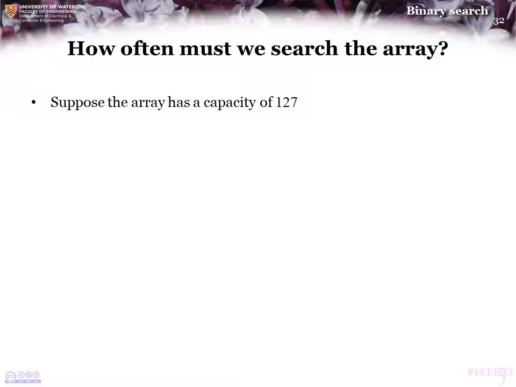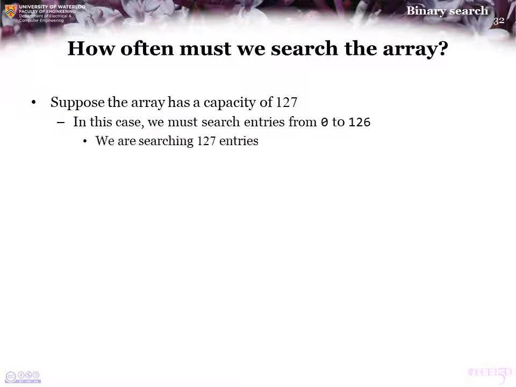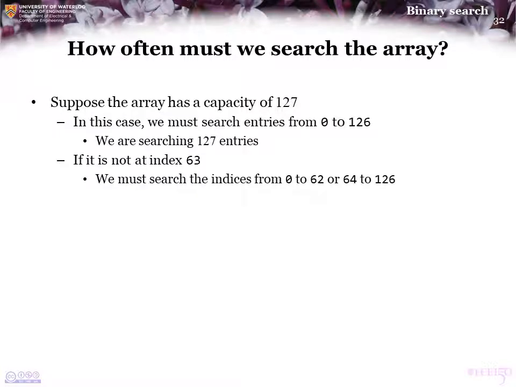Well, let's just take an example. Suppose we have an array of capacity 127. Basically, this means we have to search the entries from index 0 to 126. That is, we have to search 127 entries. Now, at the average of these indices, we have 63.